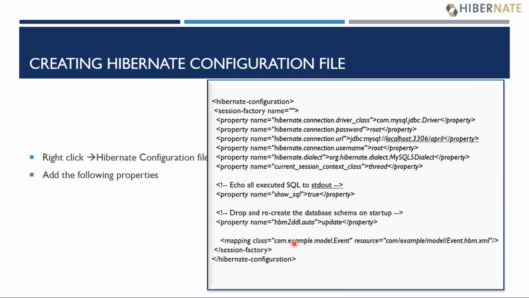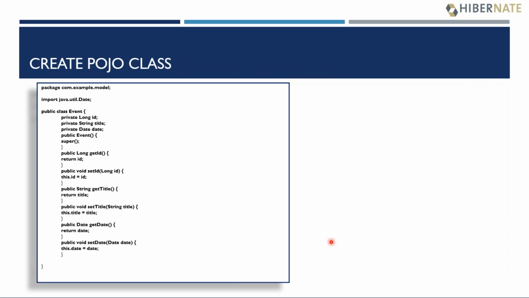And then the mapping class, that is the object your Hibernate framework is going to process, this Event object. Then you need to create a Pojo class. So we are creating Event, with a long ID. It is mandatory that you have the primary key, so this ID will become the primary key.